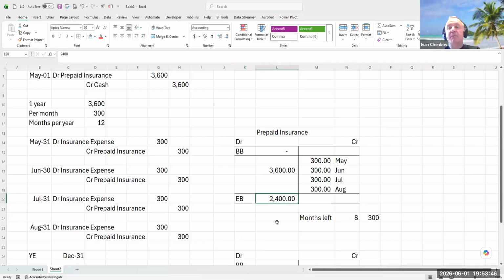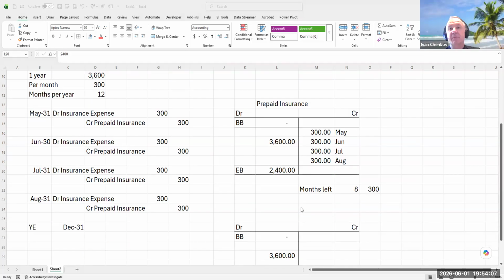How much is our insurance expense for the period from May to August 31st? Then it will be the difference, correct? 3,600 minus 2,400. The difference will be our expense.